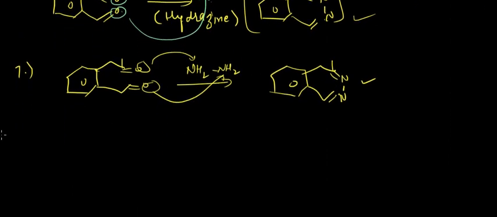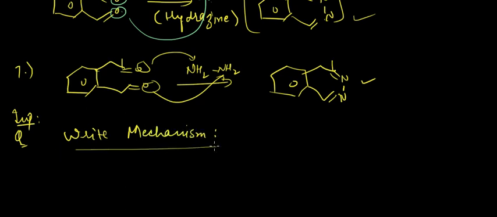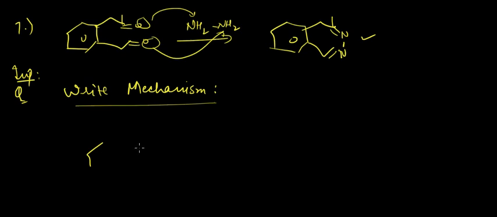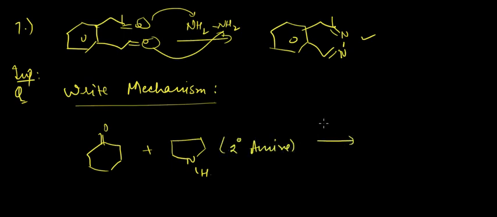so next a good question is coming your way, in which we have to write the mechanism as to how this compound on reacting with 2-degree amine, this is 2-degree amine, okay, in acidic medium formed this compound.